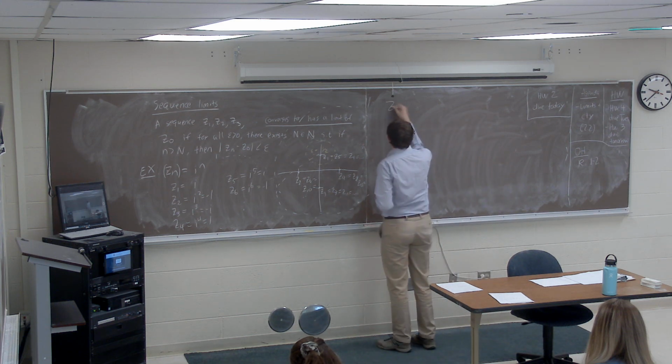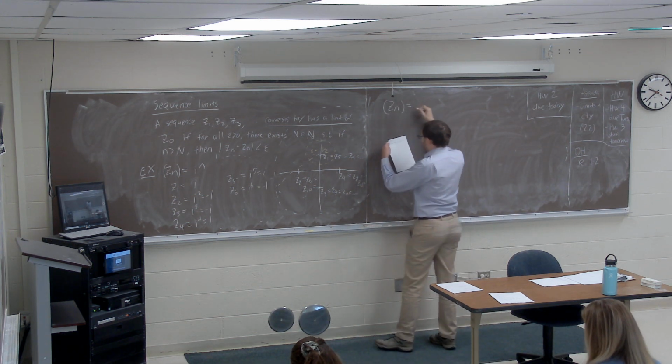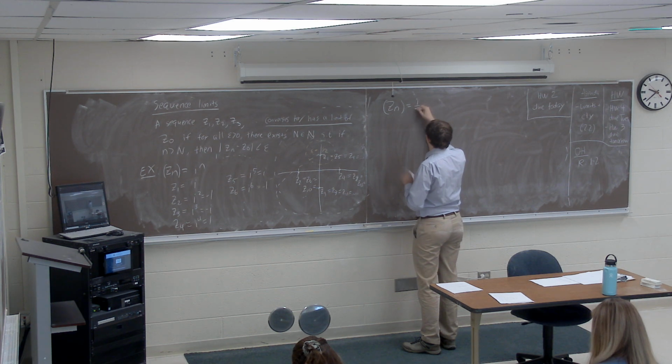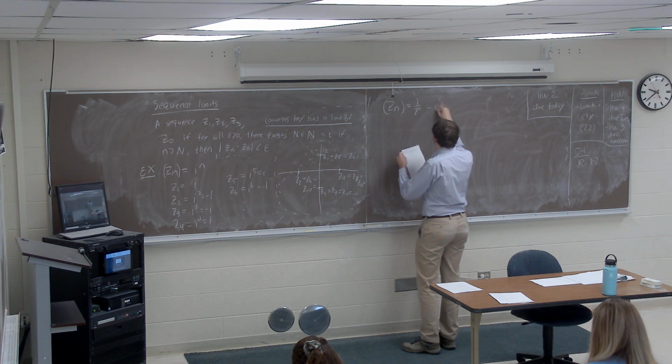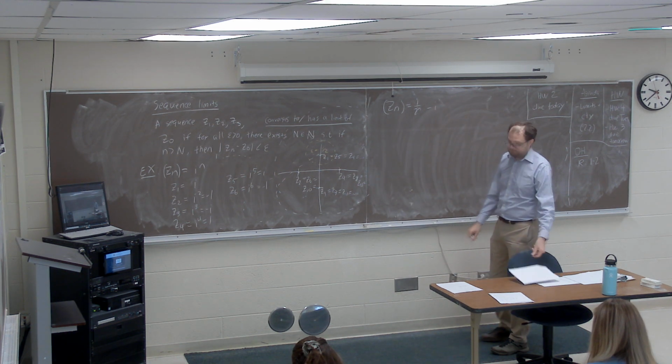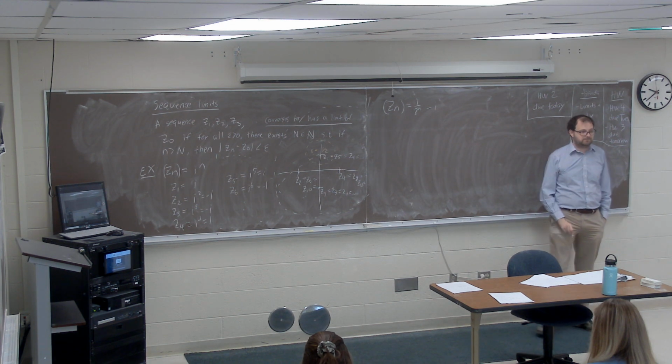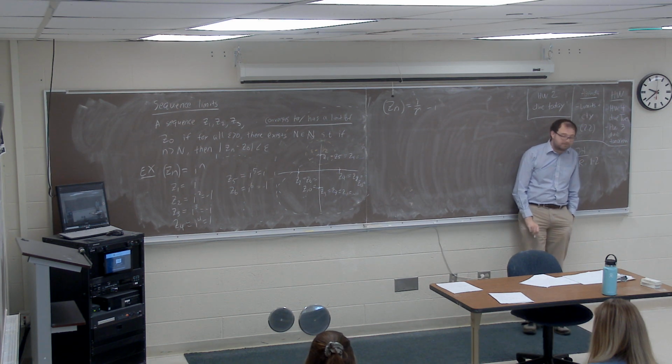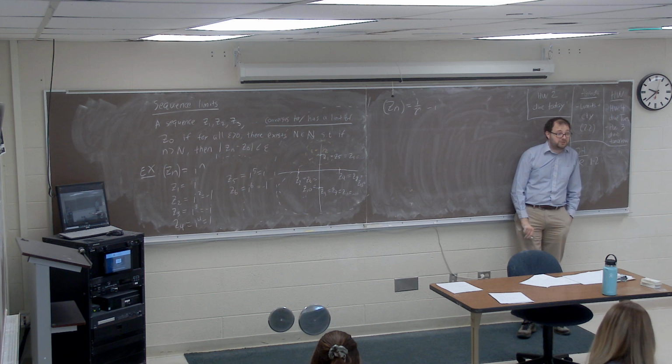Let's look at the sequence z sub n equals i over 2 to the n, minus i. I claim the sequence converges, and I think we can actually prove that. Ginger, what do you think the sequence would converge to?